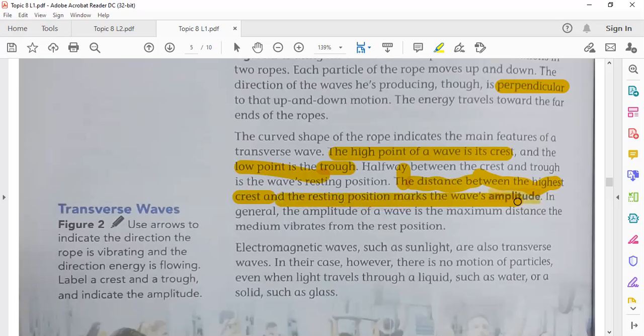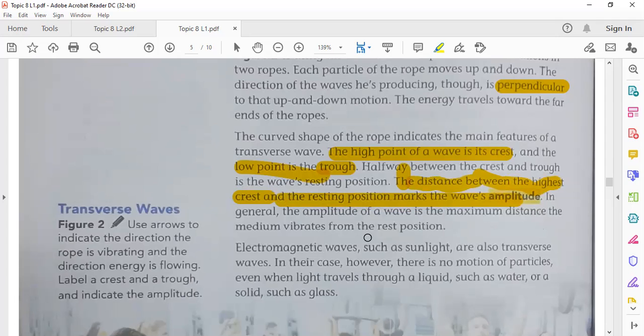So the amplitude is the distance between the highest crest and the resting position. In general, the amplitude of a wave is the maximum distance the medium vibrates from the rest position.